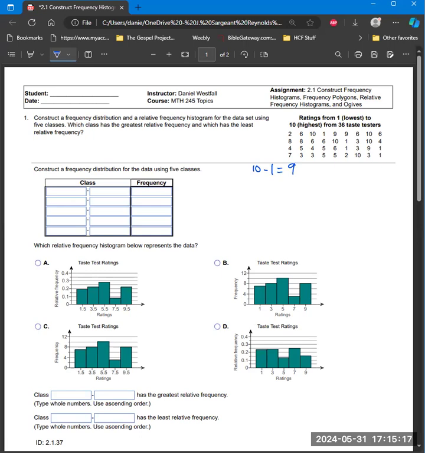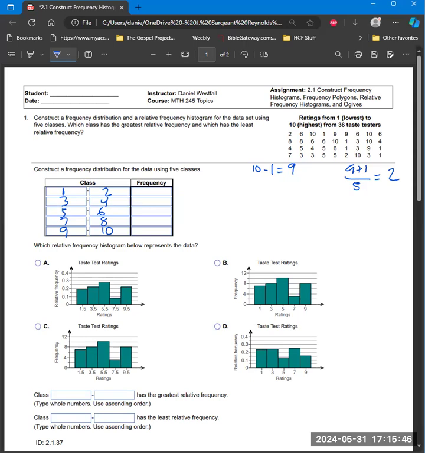I need to add 1 to that and divide by 5, which gives me 2 for the width. So this is going to be 1 to 2, then 3 to 4, 5 to 6, 7 to 8, 9 to 10, like that.